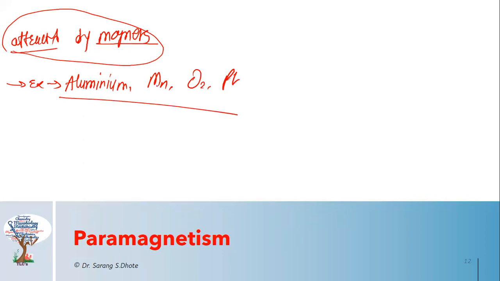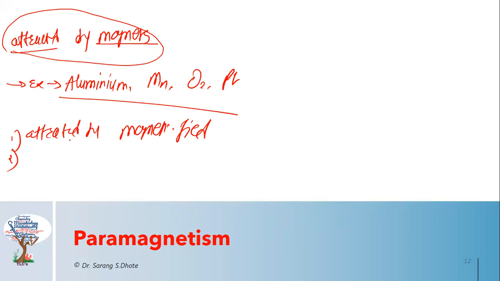So, what are the characteristics, that is, the properties of a paramagnetic substance? First, it is attracted by the magnetic field. Second, when these substances are placed in the magnetic field, they allow more magnetic lines of force to pass through them than in vacuum.